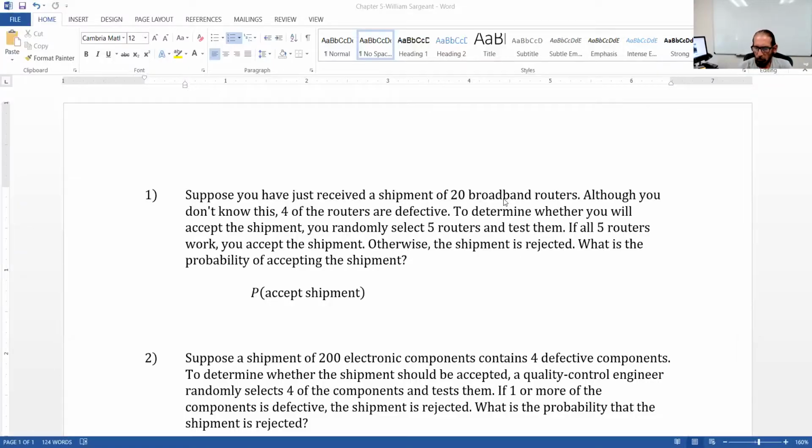What is the probability of accepting the shipment? So the probability of accepting that shipment means that of the 20, you want to select your 5 routers from the 16 that are good. Now, no, that does not directly give us a way of computing the probability.